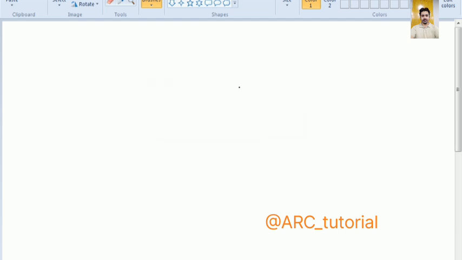Then after it, let's go for some other things here. In EIGRP we must talk about successor, what is the meaning of successor.